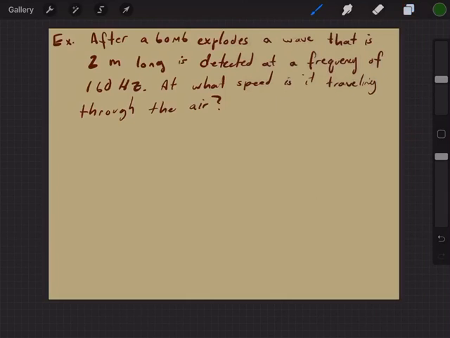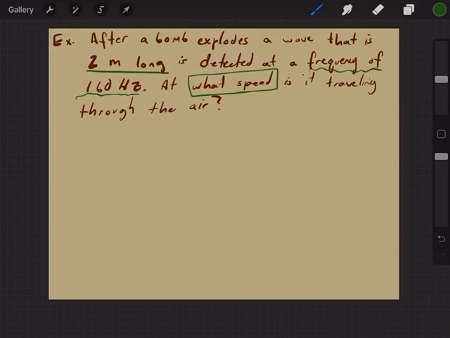At what speed is it traveling through the air? So I'm going to write on this a little bit.